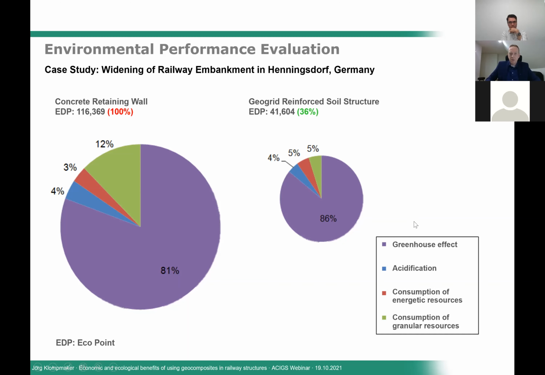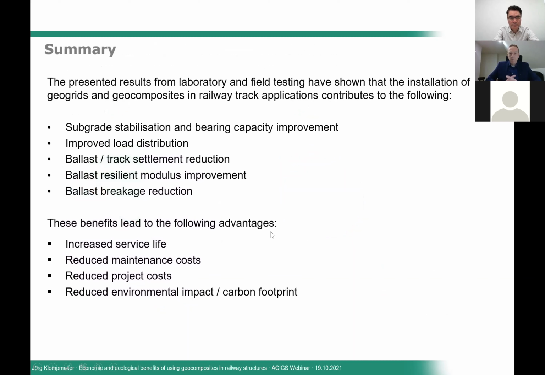And by using a geosynthetic reinforced soil structure, we can reduce the ecological damage points to only 1/3. So we have 2/3 reduction in ecological damage points using a geosynthetic reinforced soil structure, which of course are quite substantial. With that, I will close my presentation.